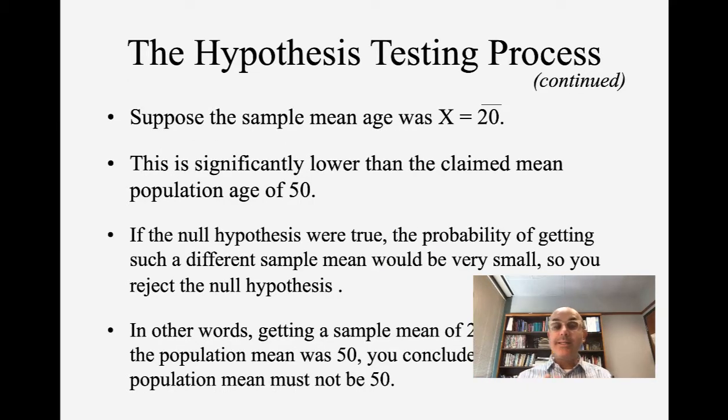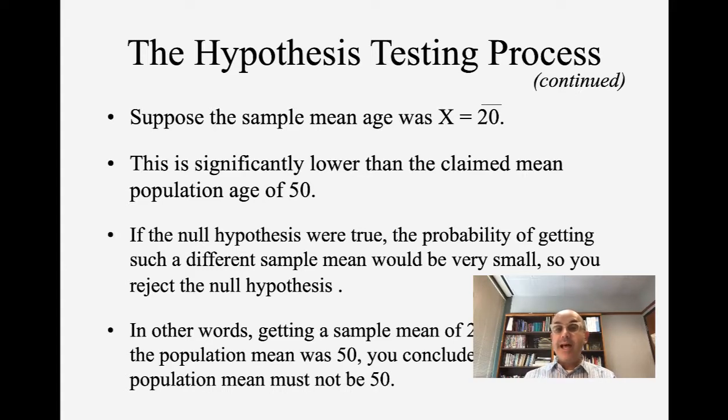So what are the procedures in hypothesis testing? So we suppose that the sample mean age X bar is equal to 20. So this is significantly lower than the claim of the population age of 50.